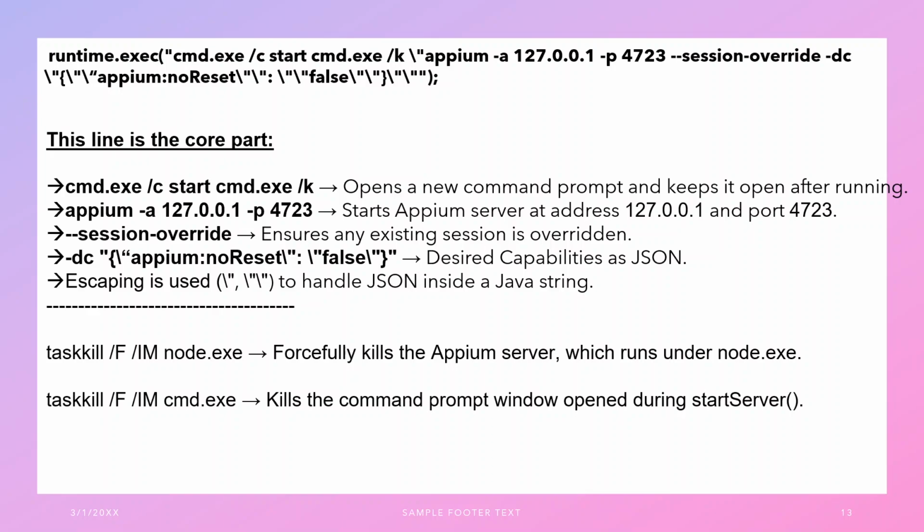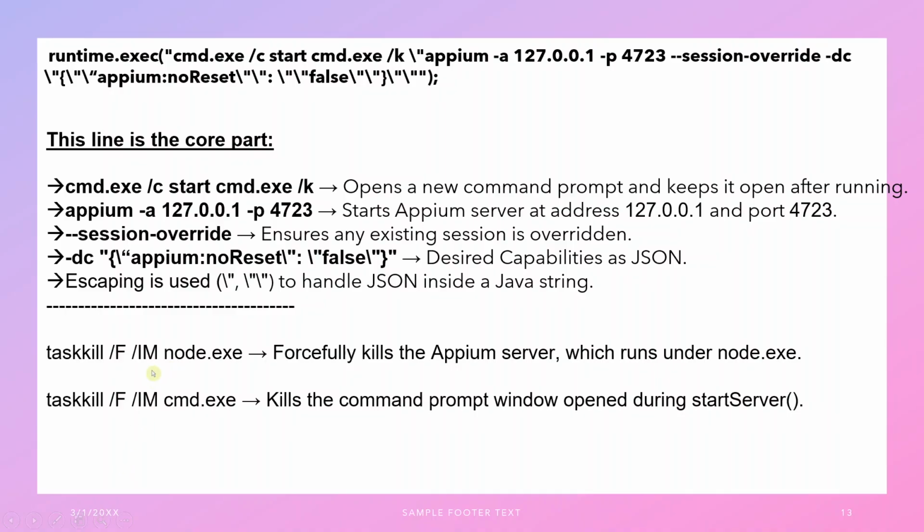Because when you open the command prompt and start Appium, it opens the Appium server. So we need to stop it, right? Manually how we used to press Control C, the same thing we need to write as code. This code we need to write which forcefully kills the Appium server which runs under the node.exe. That is the first step. And we have opened the command prompt, right? We need to close it, which we started in the start server. So we need to close.